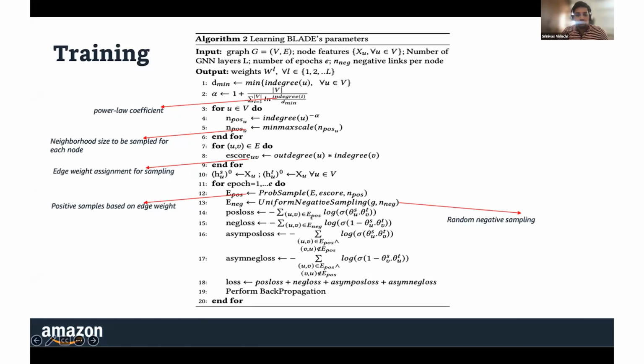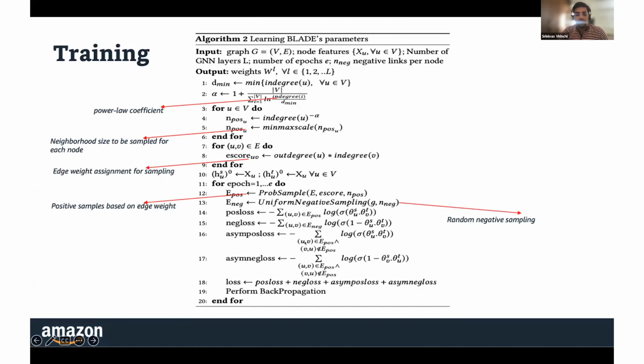And when you look at the loss function, this is what I was explaining to you earlier. So if u comma v is an edge, you want to maximize theta s u and theta t v, and for edge uv, you want this value to be high. Similarly, we add one more loss explicitly on top of these terms for lines 16 and 17.